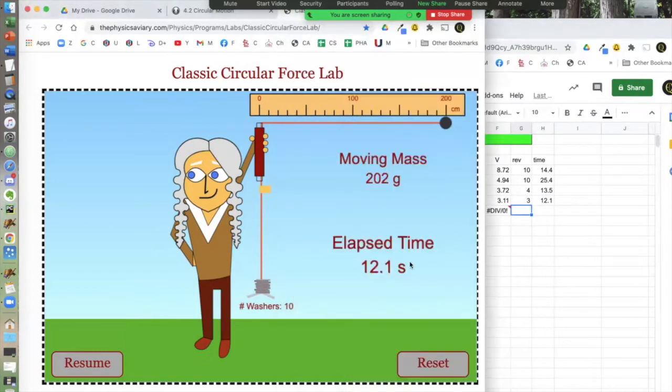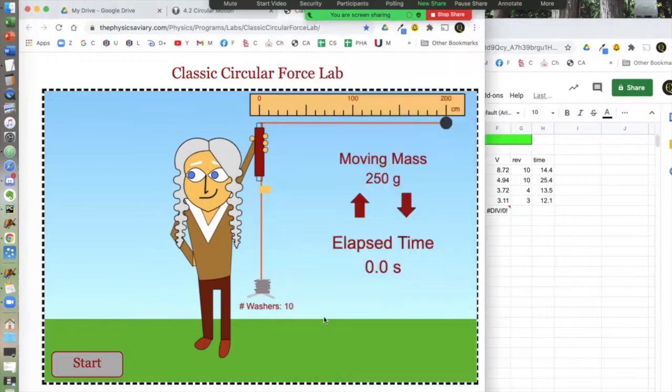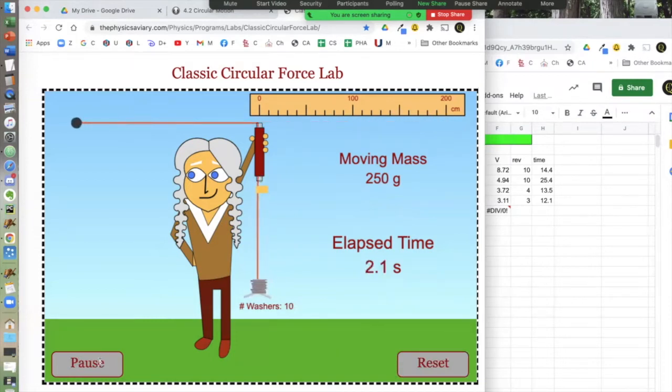Okay, and then reset and 0.250. And start. 1, 2, 3, 4.